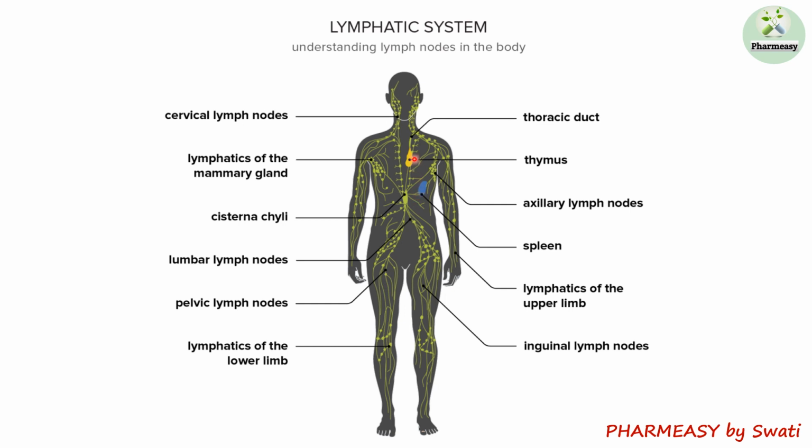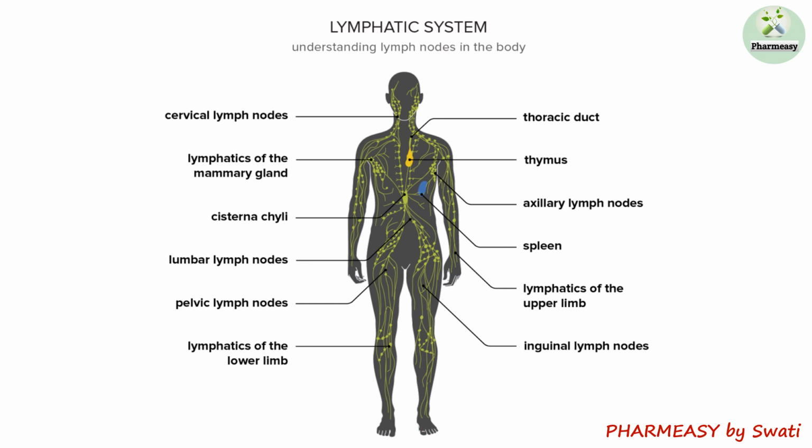As it shows, cervical lymph nodes, lymphatics of the mammary gland, cisterna chyli, lumbar lymph nodes, pelvic lymph nodes, lymphatic vessels of the lower limb, the thoracic duct, thymus gland, axillary lymph nodes, spleen, lymphatic vessels of the upper limb, and inguinal lymph nodes. And lymph is the fluid that flows in these lymphatic vessels.